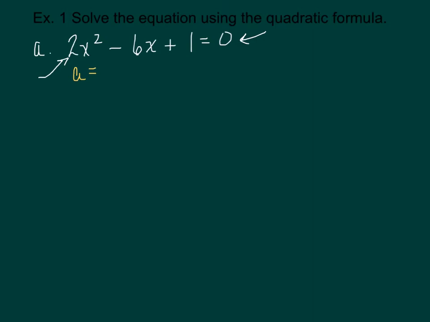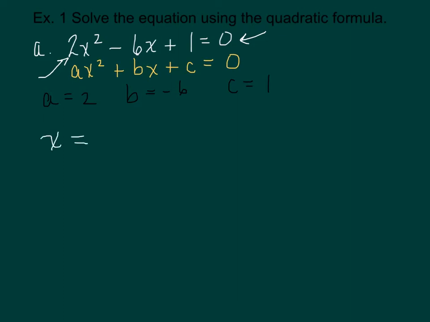The equation should be in the form ax squared plus bx plus c equals 0. That's a quadratic equation, which means a would be 2, b is negative 6, and c is 1. Then all you have to do is plug everything in the formula.